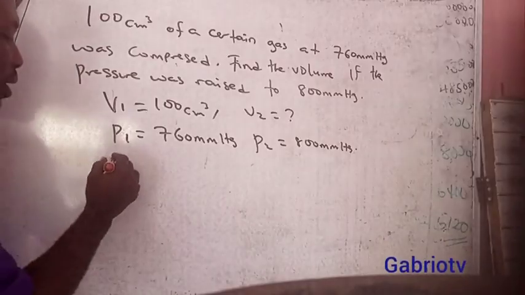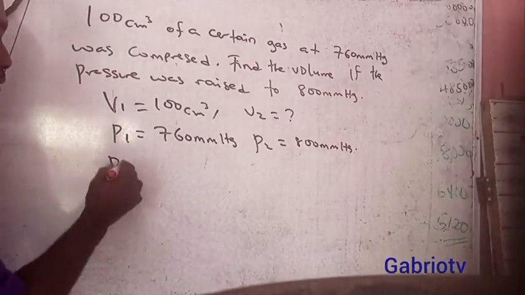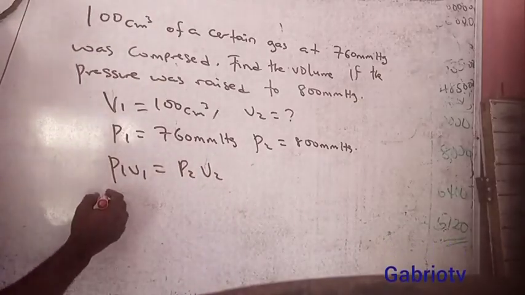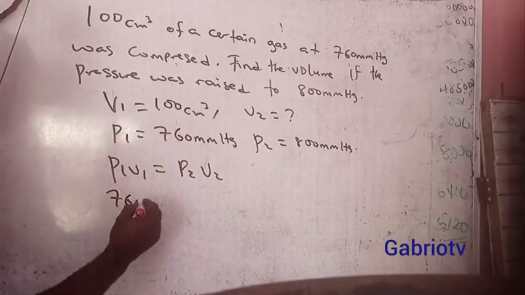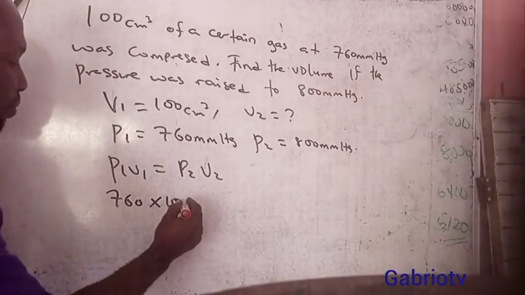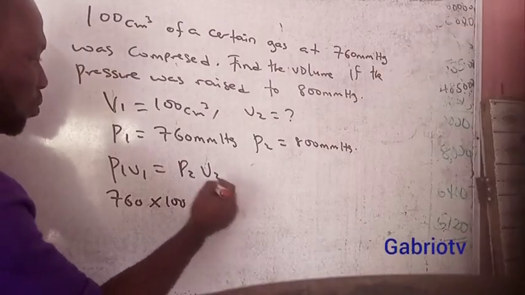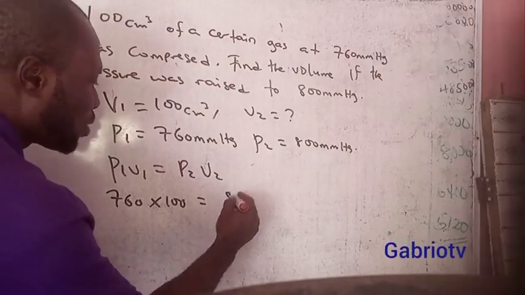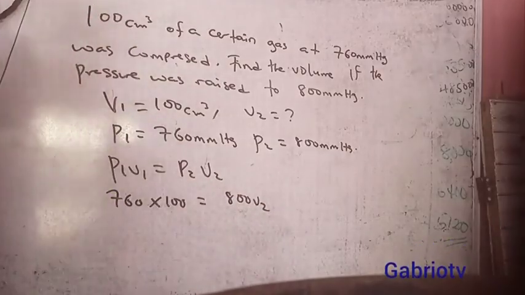So doing this, we have interpreted our parameters. I can now say P1 V1 equals P2 V2. So what's my P1 here? I have 760 times 100 equals, I'm looking for V2, that's 800 V2. Can you get that?